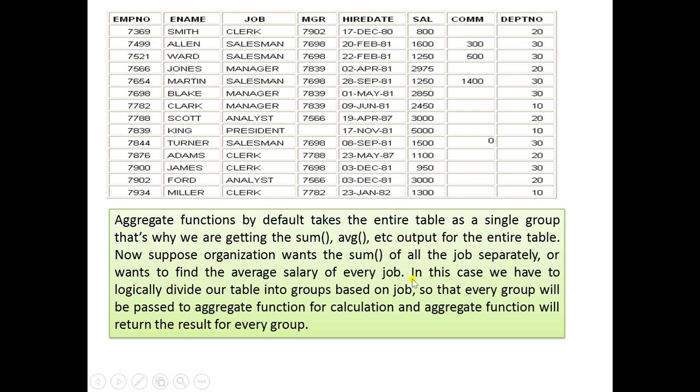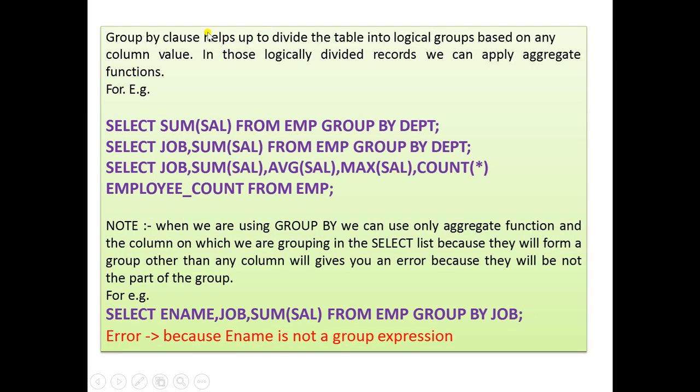In this case, we have to logically divide our table into groups based on job, so that every group is passed to the aggregate function for calculation and the function returns the result for every group. This group by clause helps us divide the table into logical groups based on any column value, and we can apply this on aggregate functions.